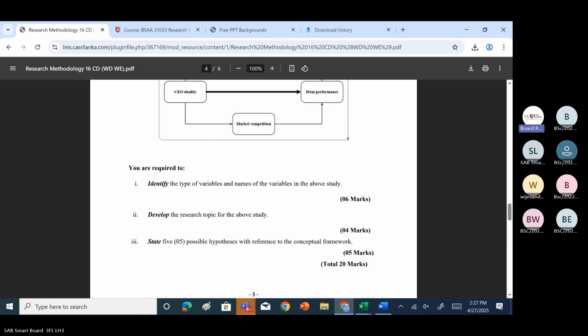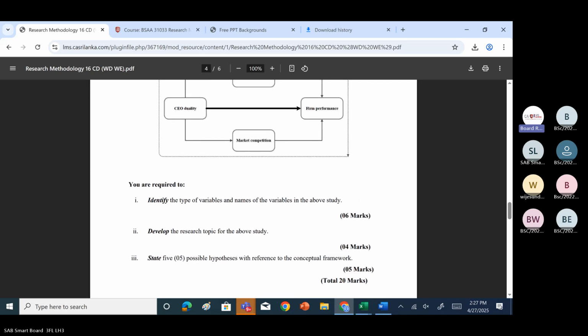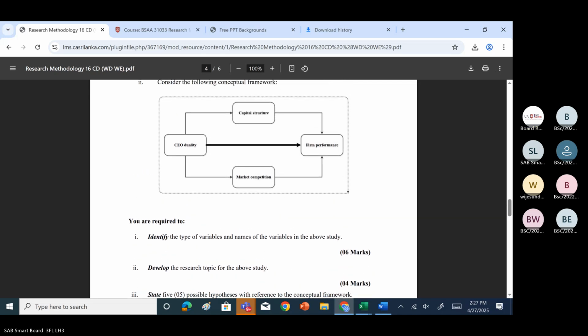So if you are writing it as an independent variable, what is the independent variable here? CEO duality. You write it as an independent variable, CEO duality. How many marks will you get? 2 marks. First one, independent variable, the other one, naming it as CEO duality.